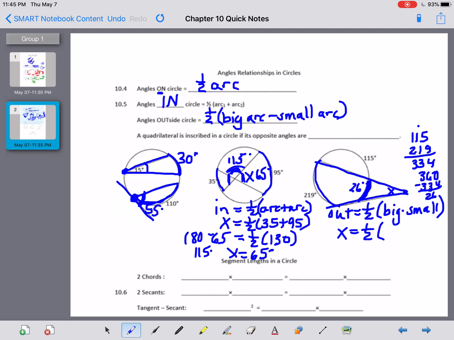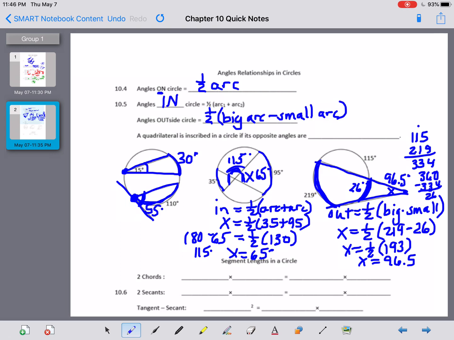The big arc that's between my two segments is 219. Subtract my small arc, which is 26. I don't have to use that 115 in this calculation. I did need it for my arc though. So 219 minus 26 is 193, and half of that is 96.5. There's a slight chance my picture's not to scale, maybe. But that's your outside angles.